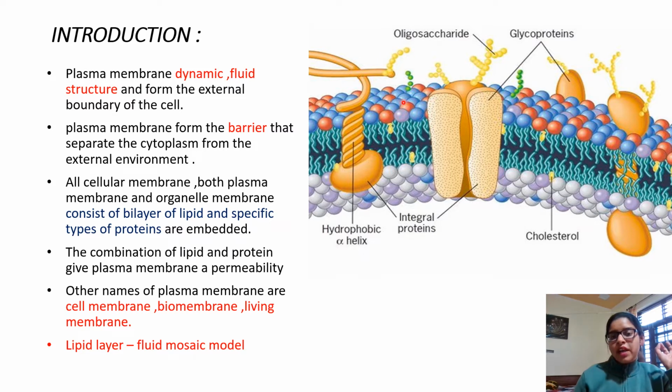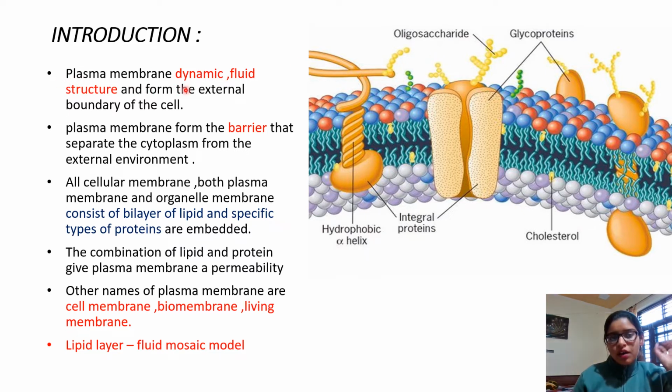These ball-like structures are lipids, and proteins. They are embedded proteins, or certain peripheral or intrinsic proteins, and then the sugar moieties, which we call carbohydrates.